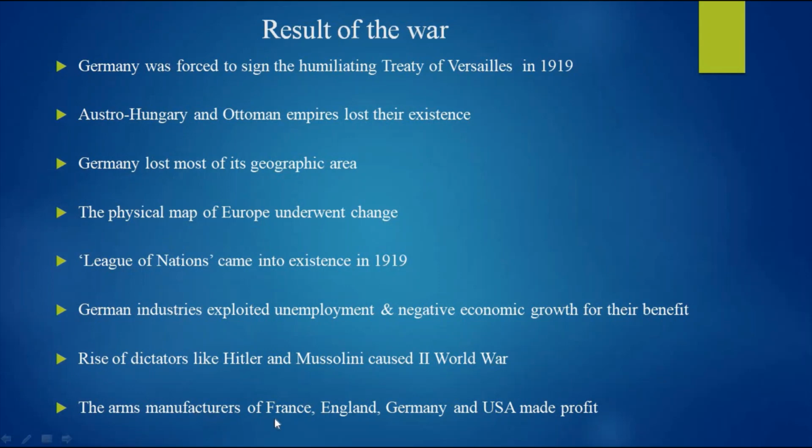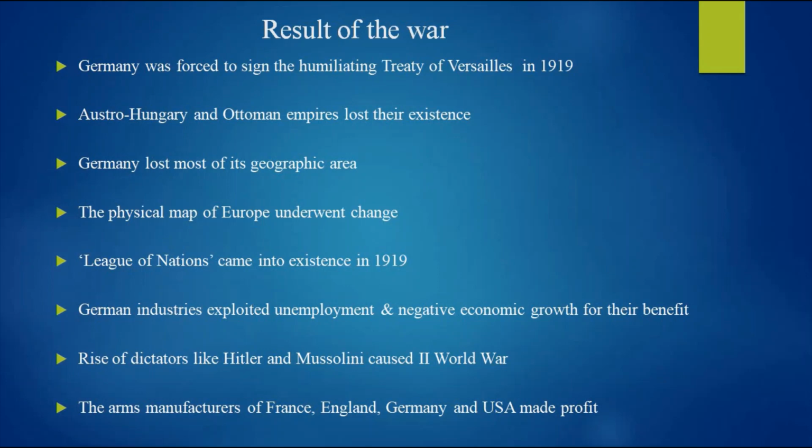The arms manufacturers of France, England, Germany and the USA made profit. And the loss of human life was unprecedented. More than 1 crore people lost their lives, including civilians. Soldiers and civilians both.